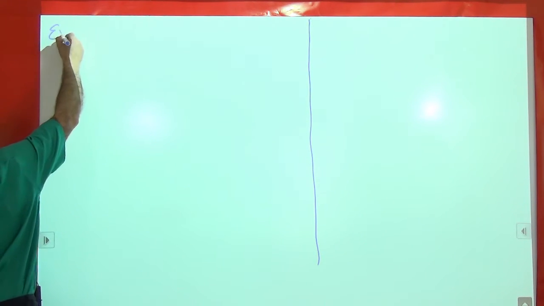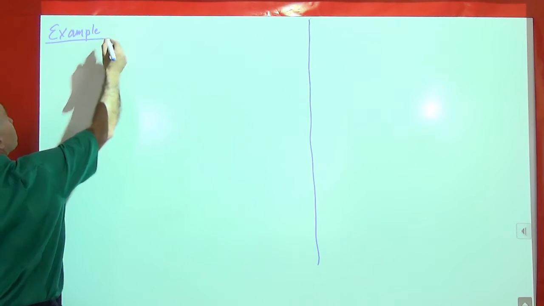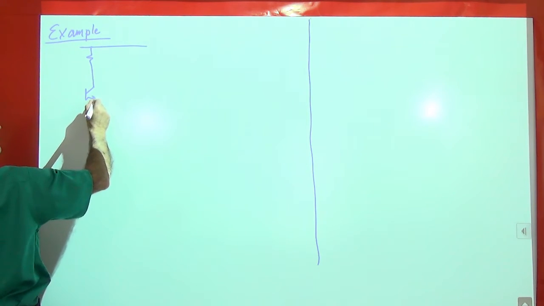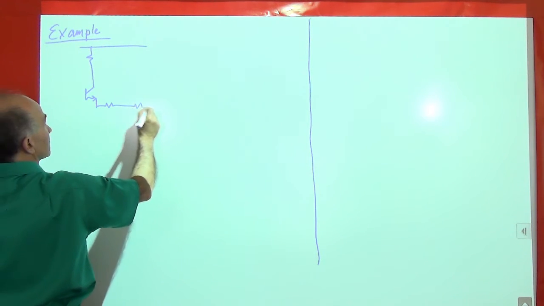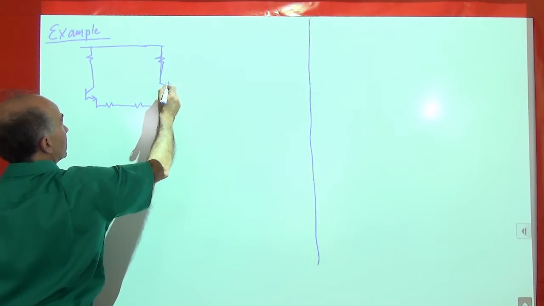Okay, so here's the next example that we are going to look at. Well, there's a resistor here.